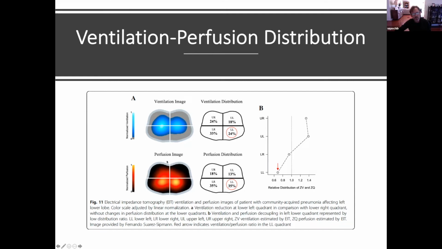And if you superimpose the perfusion image, I'll talk a little bit about this later, you can even see how the so-called VQ mismatch is dependent on which region you're looking at. The ventilation perfusion ratios are very different depending on which quadrant you examine.